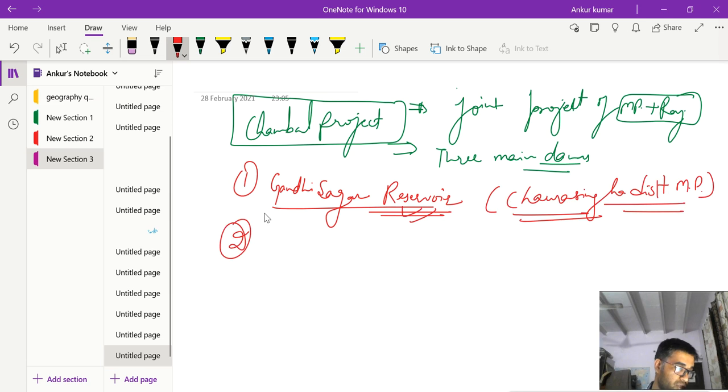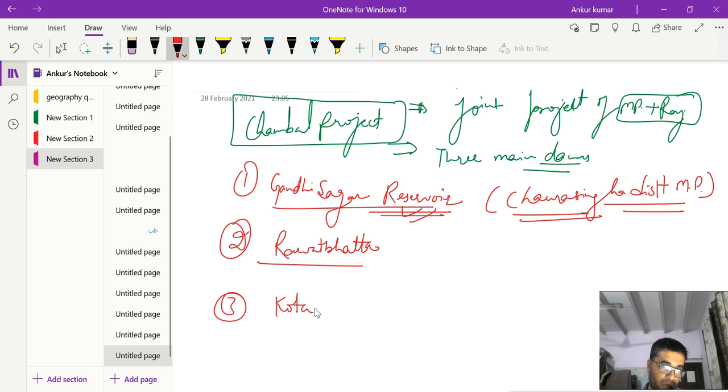dam, right? The second dam is in the Rawat Bhata, okay, and third dam is in the Kota. The reservoir associated with this Rawat Bhata is the Rana Pratap Sagar reservoir, right?